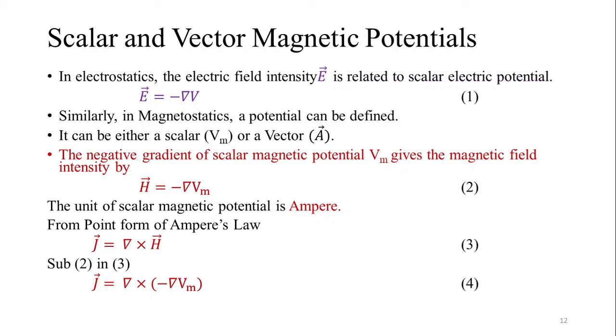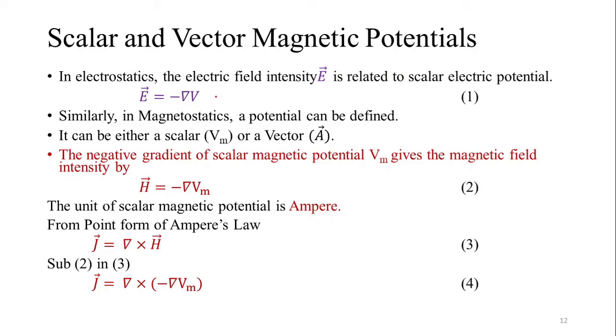The equation which relates the electric field intensity E vector to the scalar electric potential is E vector is minus del V.